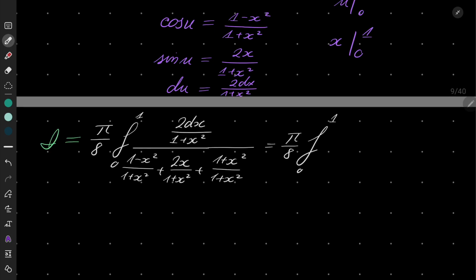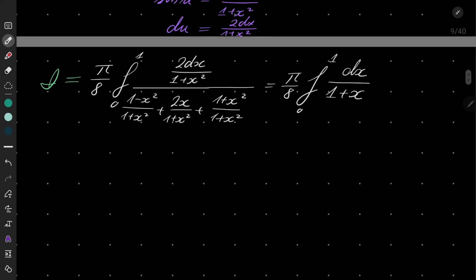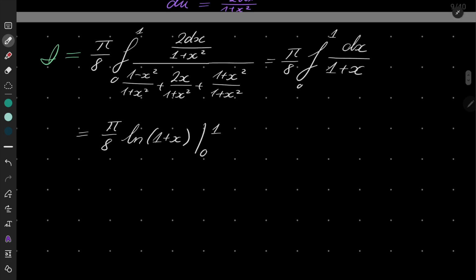And here, after some simplification, we'll have, all in all, dx over (1 plus x). And that's a very simple integral, because it's just natural log of 1 plus x evaluated from 0 to 1. Natural log of 1 is 0, so we have just pi over 8 times natural log of 2.